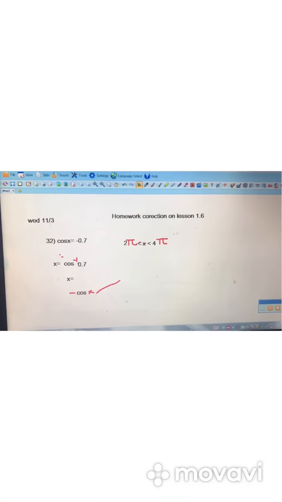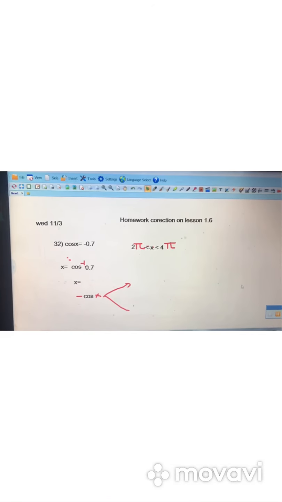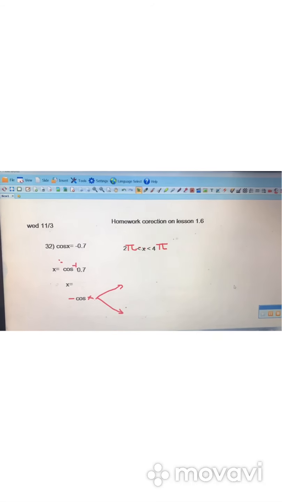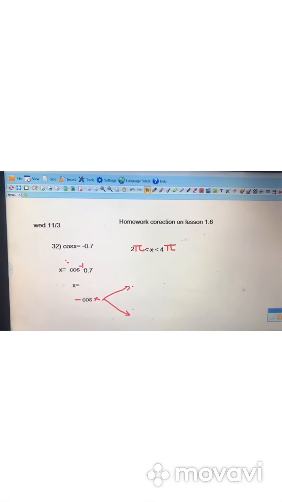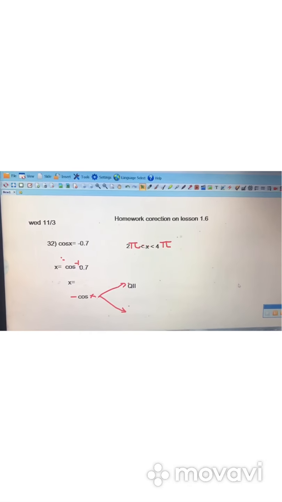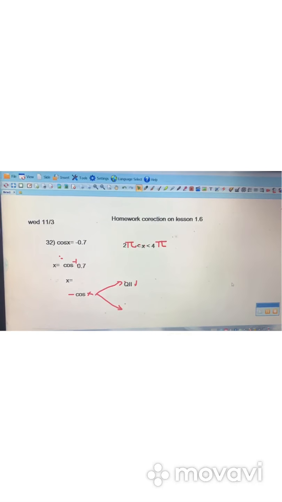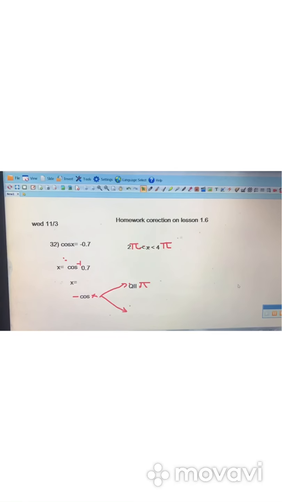So at the second quadrant, to find the answer, I will put pi minus the answer x. So that's it: pi minus the answer I got at the first step.